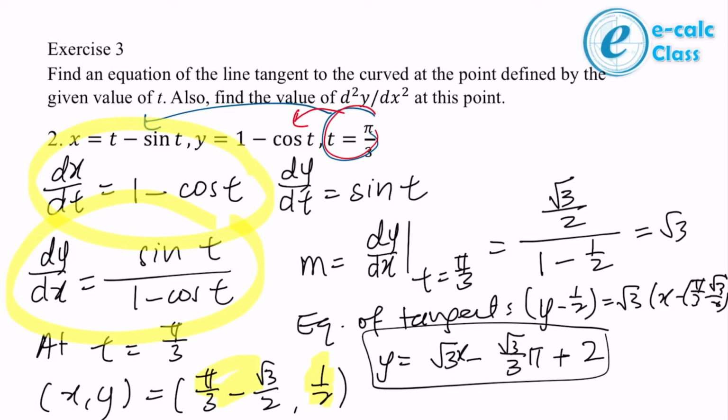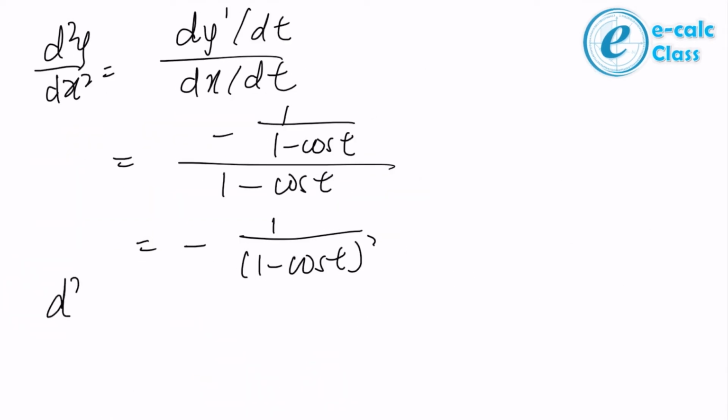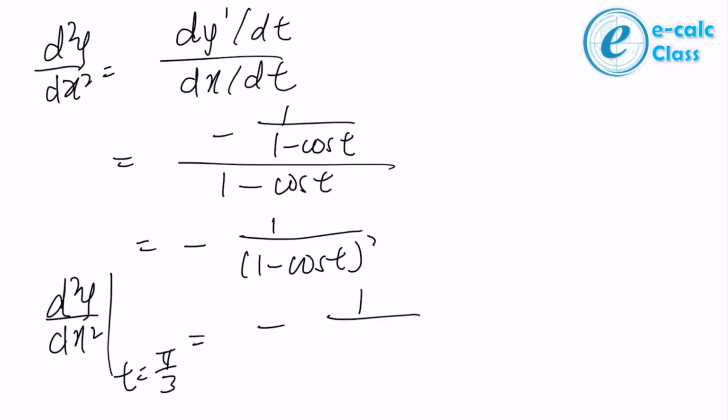Then at t equals pi over 3, this will be negative 1 over (1 minus half) squared, negative 1 over 1 over 4, negative 4. Finish. So just like that, just a little bit more work, and you need to be very careful which one over which one, differentiate which one is your d2y/dx squared. Just be a little bit careful, you should be able to do it.